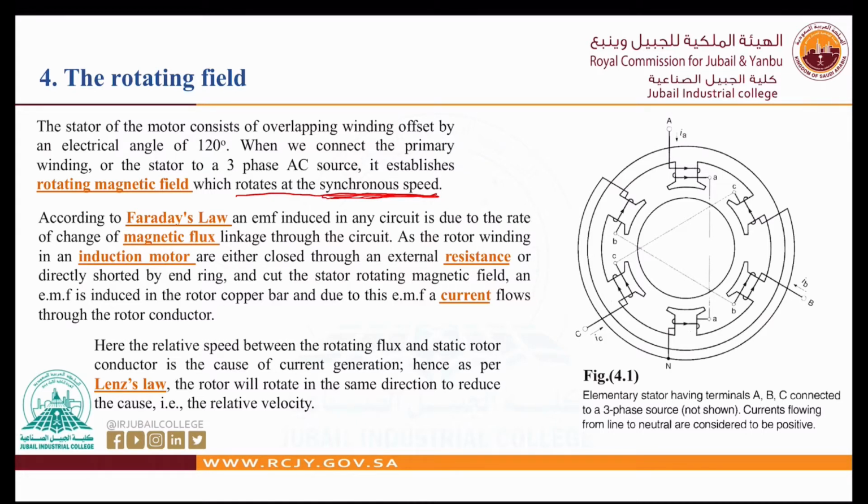An EMF is induced in the rotor, and due to this electromotive force, a current flows in the rotor winding. So we will have a rotor here, right? This is the end of the stator right here, and we will have the rotor inside.